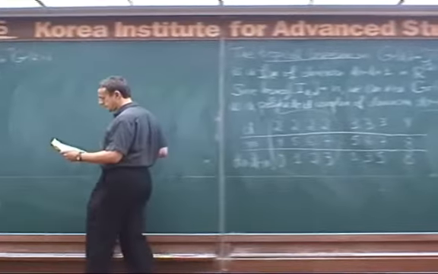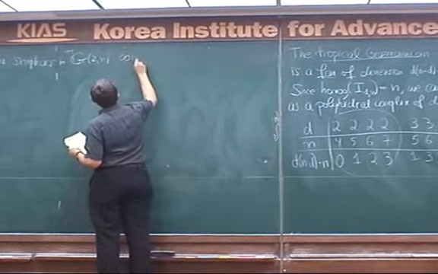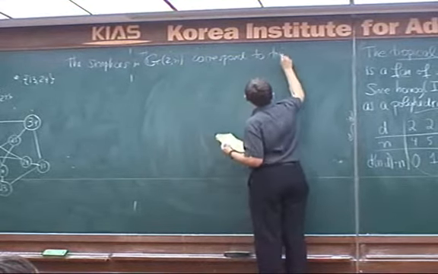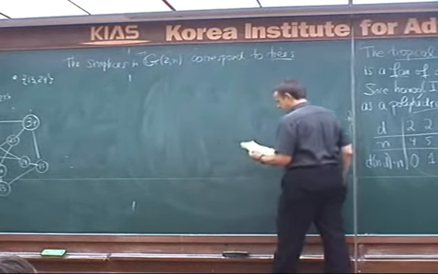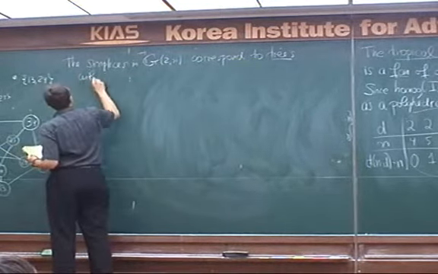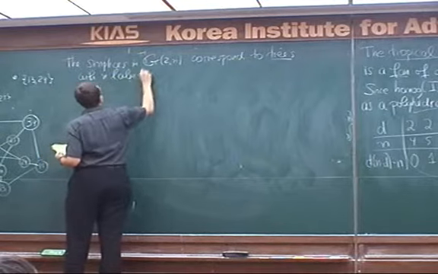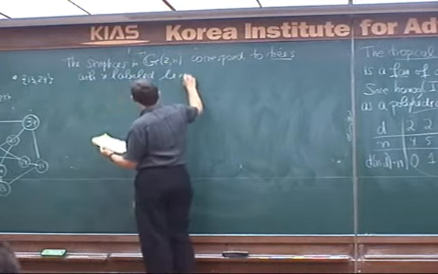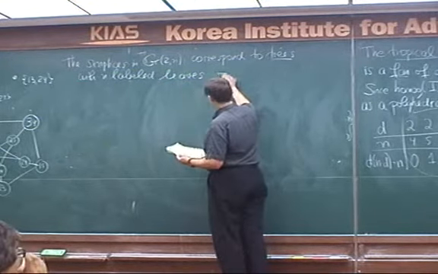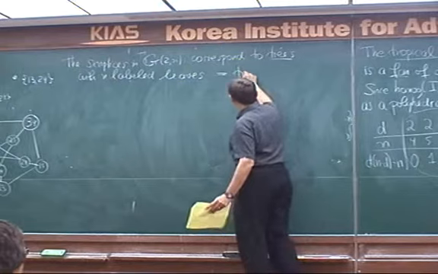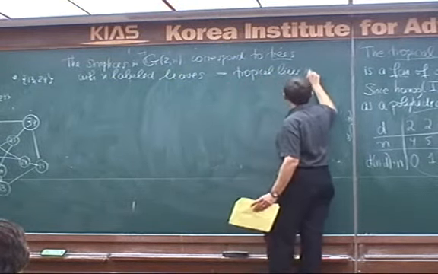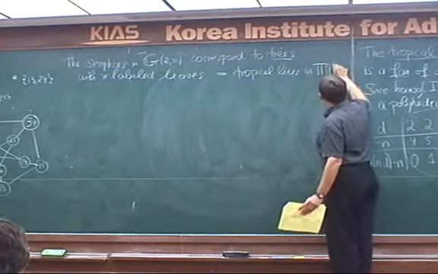So the simplices in the Grassmannian correspond to so-called phylogenetic trees. The trees with n labeled leaves. And of course, those trees are going to be tropical lines in TP n-1.